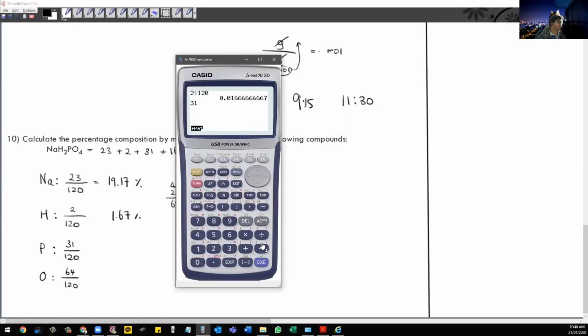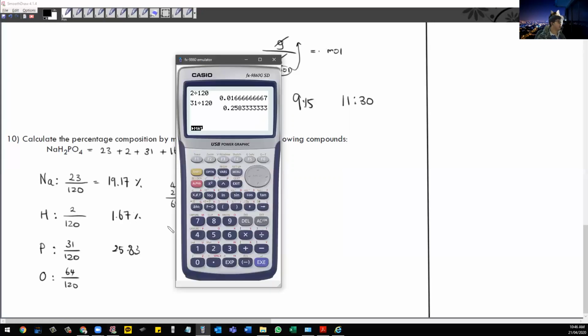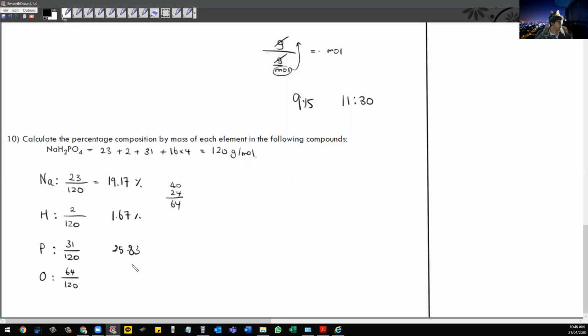And 31 divided by 120 is about 25.83%. And 64 divided by 120 is 53.3%.